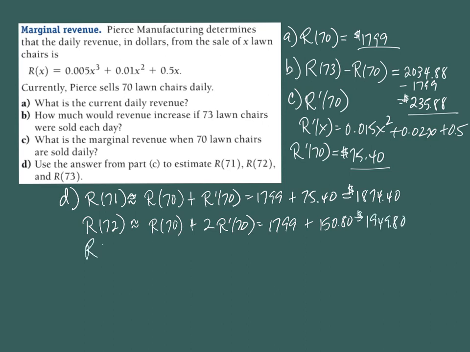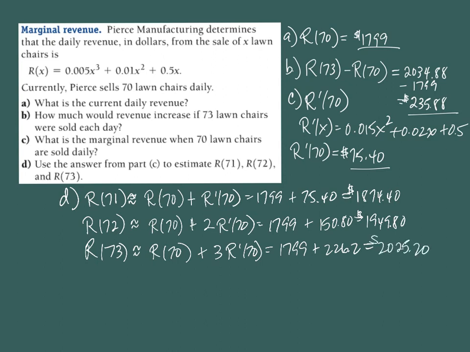And then R of 73 would be approximately R of 70 plus 3 times the marginal, which is 226.2, plus 1799, is $2,025.20.